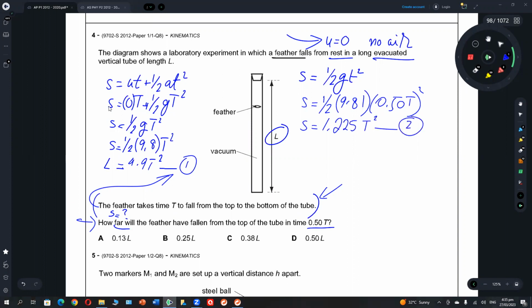Have you squared 0.50? Yes. And multiply by 9.8 and divide by 2, right? Double check the calculation. So it is coming the same, 1.225.